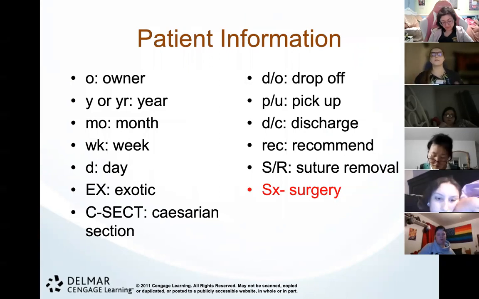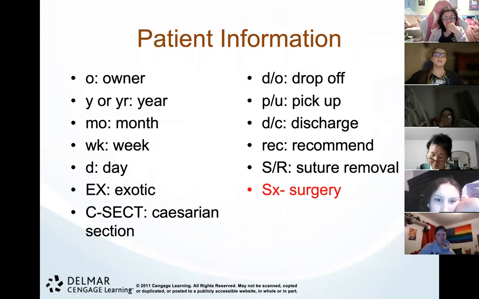So we'll talk about weeks versus, I mean, you could say you started at 2 months, 3 months, 4 months, 5 months, but we'll use weeks a lot. And then D would be day. When we're dealing with exotic patients, we would use the abbreviation EX. We can also use the abbreviation AV when we're dealing with avian exotics, so our exotic birds.